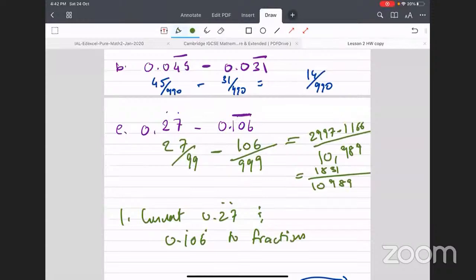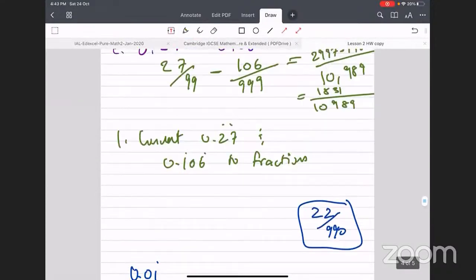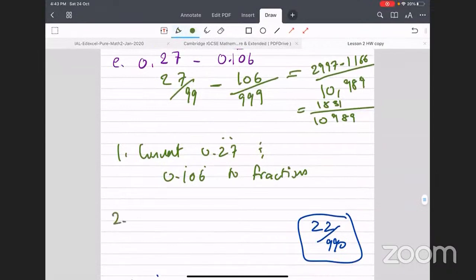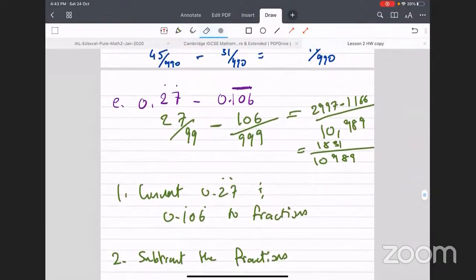Then after that, subtract the fractions. So when I converted 27 bar to a fraction, that would be 27 over 99.